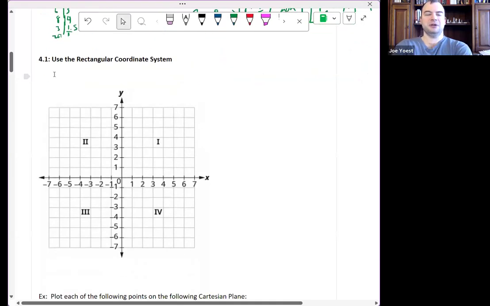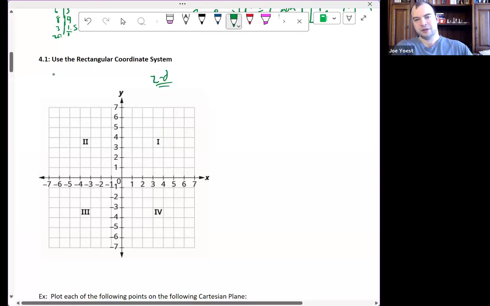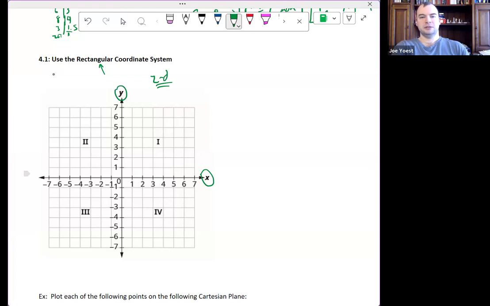We've seen a little bit of this already with the idea of a number line and visualizing where numbers land on the number line. But now we're thinking of a two-dimensional rectangular coordinate system, as it's called, where we have two variables. Typically, we use X and Y here, and typically we put X on the horizontal axis and Y on the vertical axis.